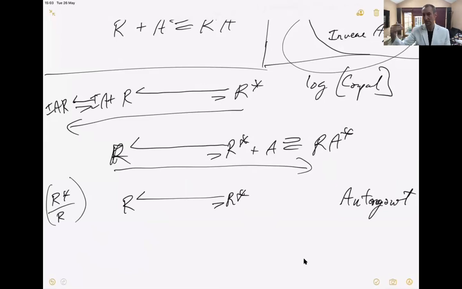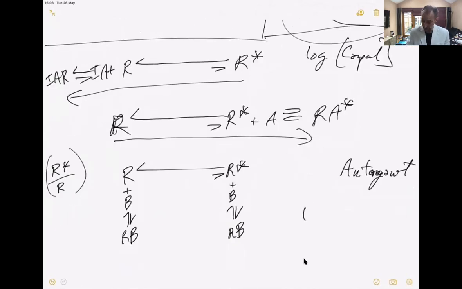It's got efficacy of 0, so it can't alter the ratio of R to R star. So what we say is it has exactly equal affinity to both the activated R star and the inactivated one. As we investigate a lot of what we thought were pure antagonists, they turn out to be inverse agonists. There probably are by chance a few pure antagonists, but a lot of them are inverse agonists.